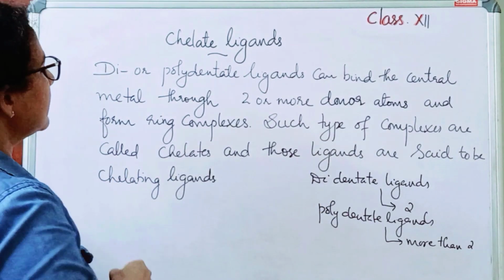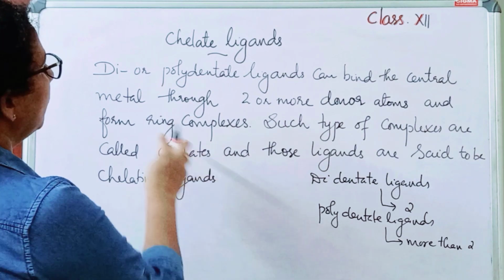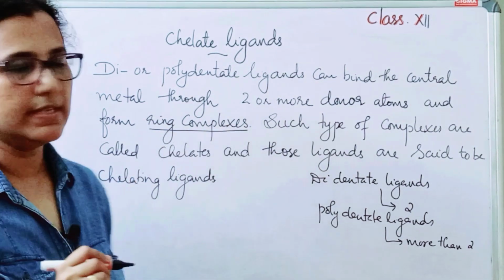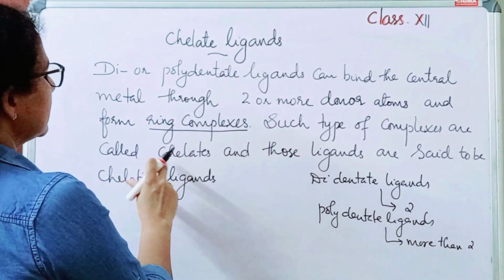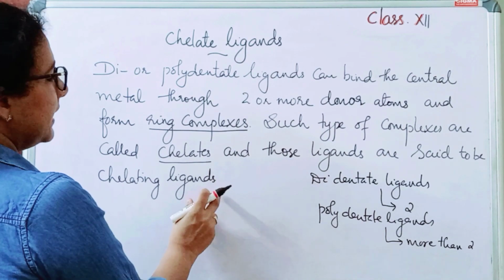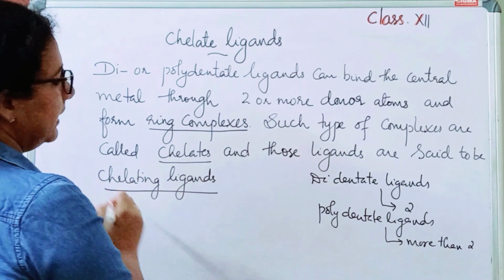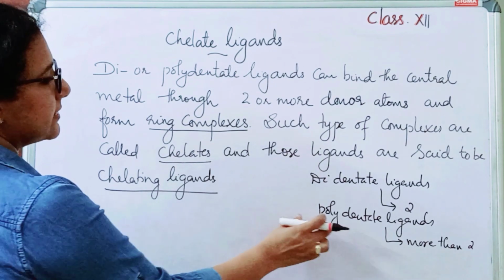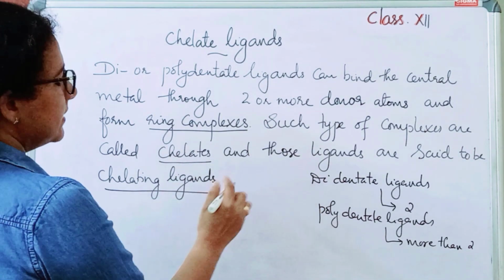In such cases, the complexes are in the form of a ring. These complexes are called chelates or chelate complexes, and those ligands are said to be chelating ligands. So actually didentate ligands and polydentate ligands are chelating ligands.